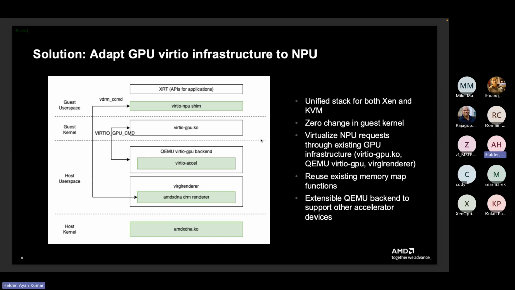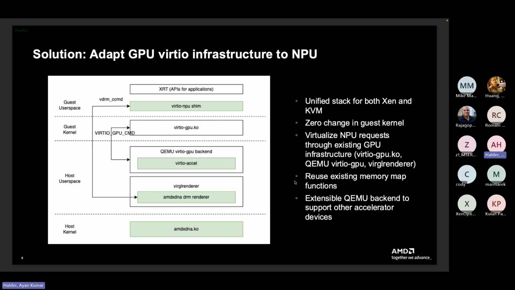And from the guest kernel, you can see we reuse the VirtIO GPU front end. So that means we make zero changes in the guest kernel. Third, the communication between the guest and the host side has been done by the GPU. We just wrap the NPU commands and messages with already implemented GPU message headers, and reuse these message channels and notifications already done by the GPU.